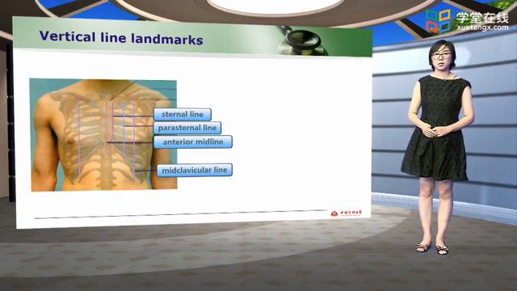And then the sternal line. We can see the sternal line runs along the lateral edge of the sternum. At last is the parasternal line. Parasternal line is in the middle of the sternal line and mid-clavicular line.